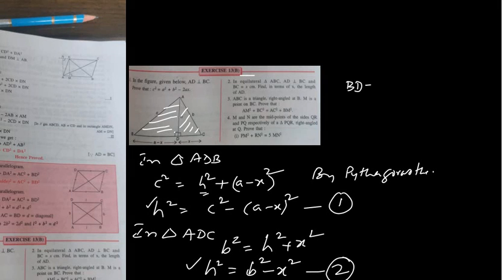Say again. Can you take BD as x minus 1? Whatever I said day before yesterday, you have to recall. I told you about different triangles even before your exam when we were doing revision.